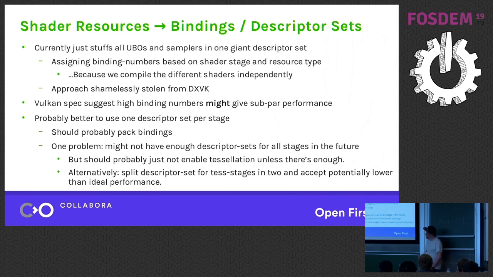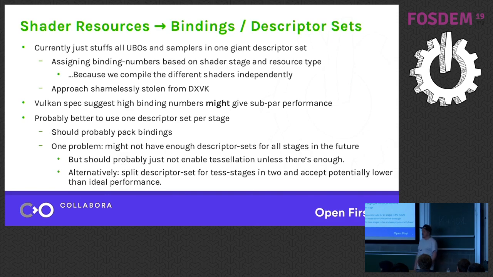Yeah. Then another thing that needs to be solved that we're not doing awesomely is how to bind shader resources to the shaders. For those who don't know Vulkan, the way you bind resources is through descriptor sets.